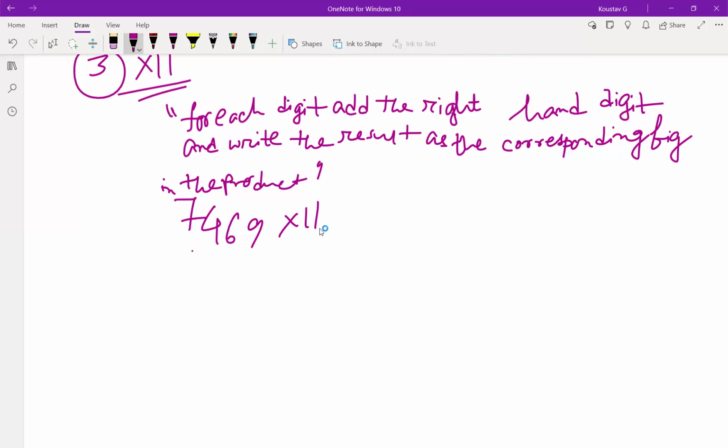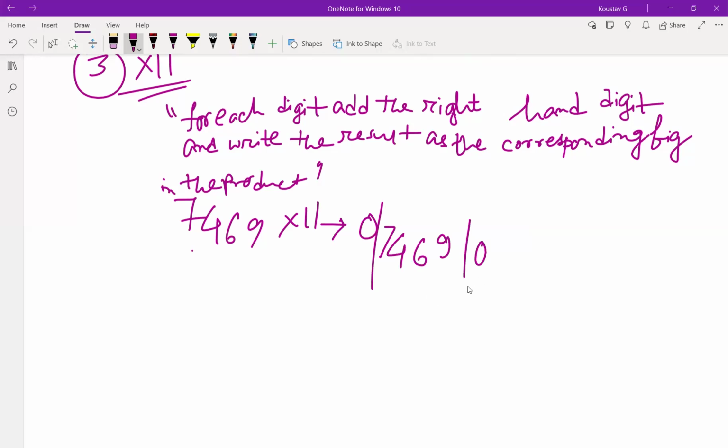For the purpose of applying the rule, it is easier if you assume there is one zero on either side of the given number. So consider it that way: 0, then 7, 4, 6, 9, then 0.